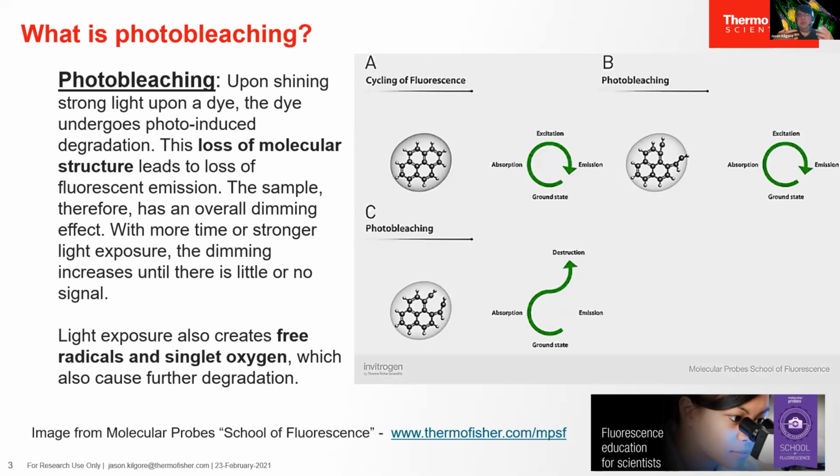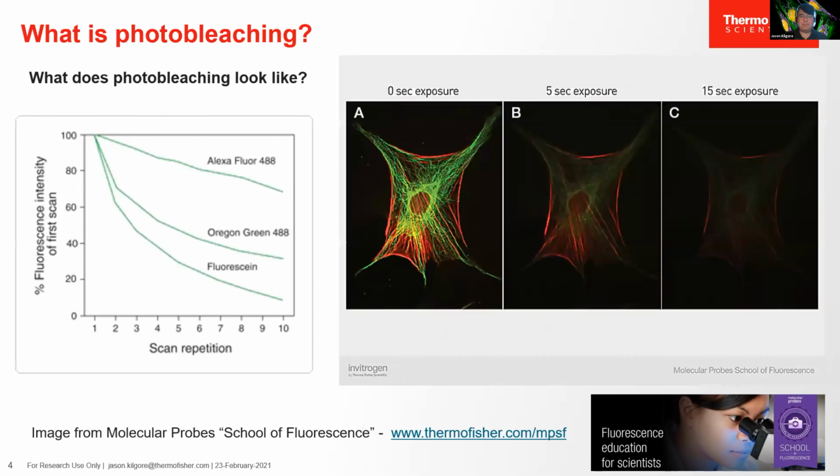So in order to reduce the photobleaching, you therefore have to reduce the light input into the sample that can cause the molecular structural loss, and put in agents that can sop up the free radicals and singlet oxygen.